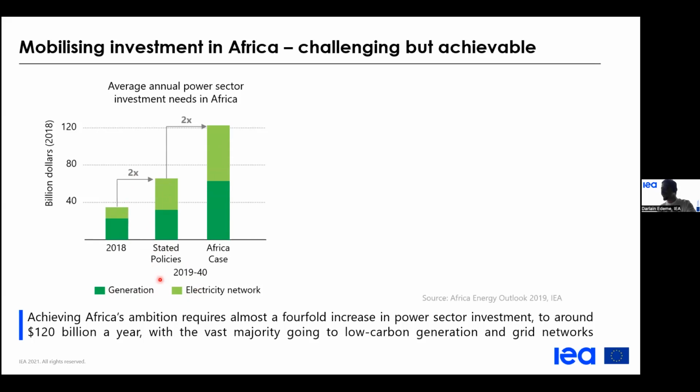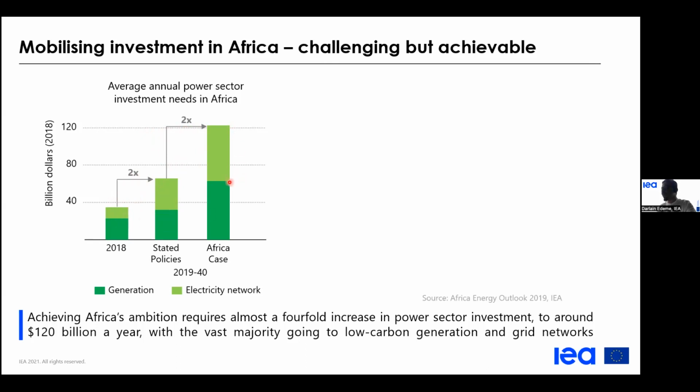So moving from the stated policies to the Africa case, which is our third scenario, which I remind you is aligned with the 2063 agenda from the African Union, you can see that we are talking about a level of investments which is twice the stated policy scenario's needed investment, and again we are talking about 4 times the investments we had at the continent level in 2018.